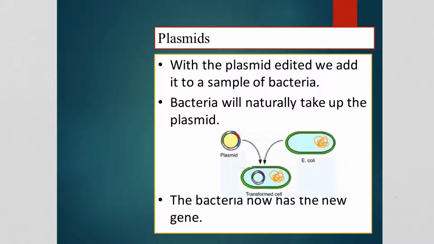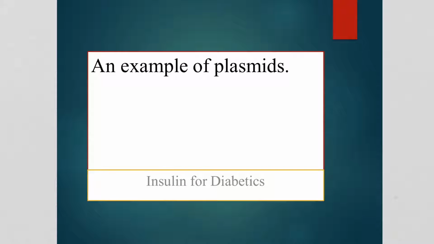Then, because of the way bacteria work, they naturally share these plasmids. Bacteria naturally take up the plasmid. So if we put bacteria in a petri dish, and we put that plasmid in the petri dish, the bacteria would naturally take up that plasmid, and that bacteria now has the new gene that we inserted. The bacteria will now start doing whatever that DNA tells it to do.